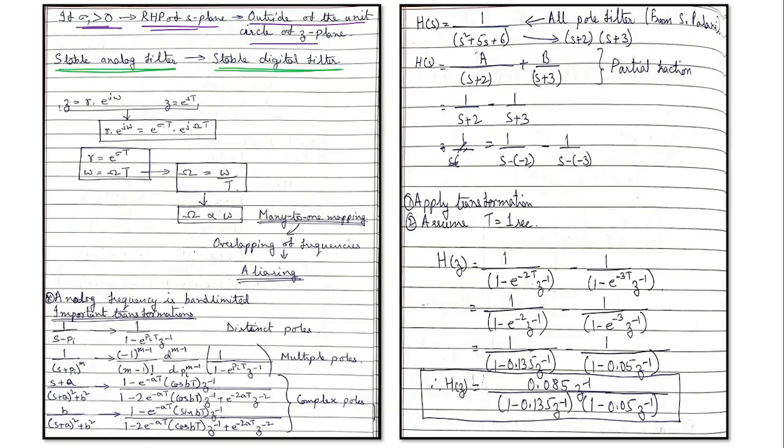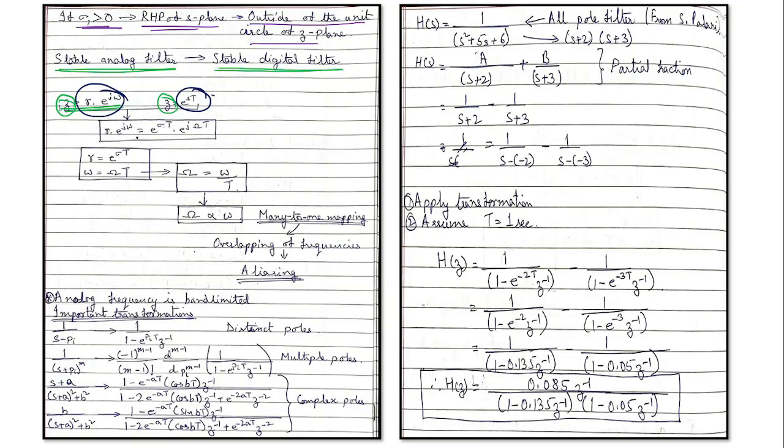Now let us look into the relationship between the analog frequency and the digital frequency. From our previous knowledge, Z is equal to R multiplied by e to the power j omega, and we also know that Z is equal to e to the power sT. Both these components are Z, so we can equate them.